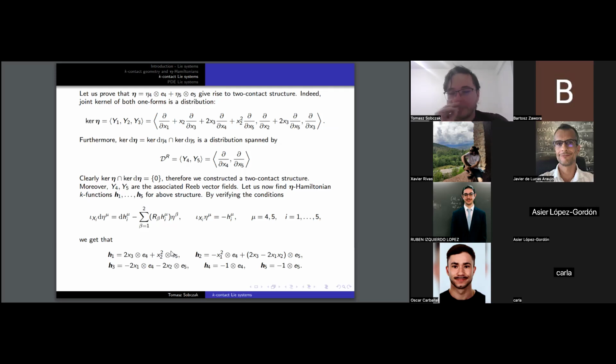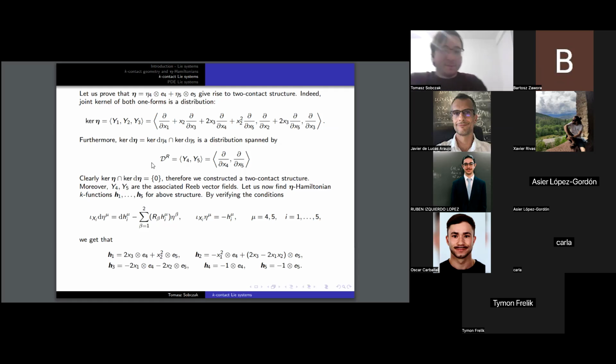Yes, a remark. Tomasz didn't add it in this work, but concerning the bracket of eta Hamiltonian K functions, or concerning the structure of eta Hamiltonian vector fields, we found several operators and several morphisms that allow one to describe in a very nice way the properties of these eta Hamiltonian K functions.